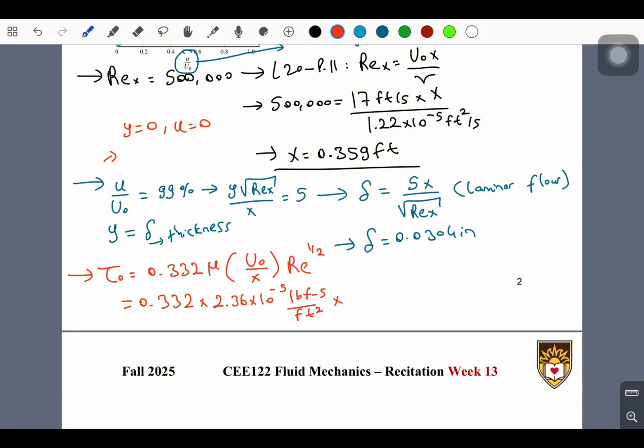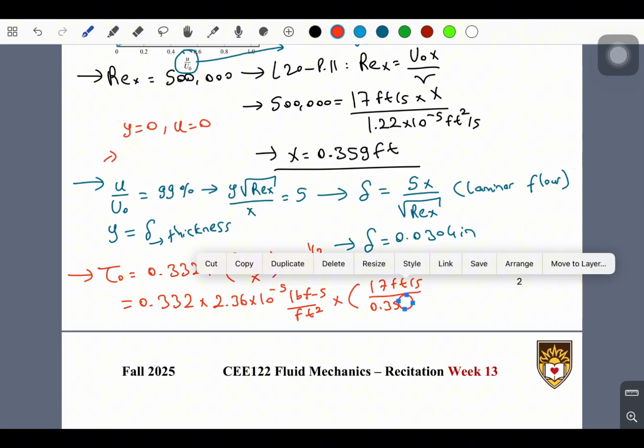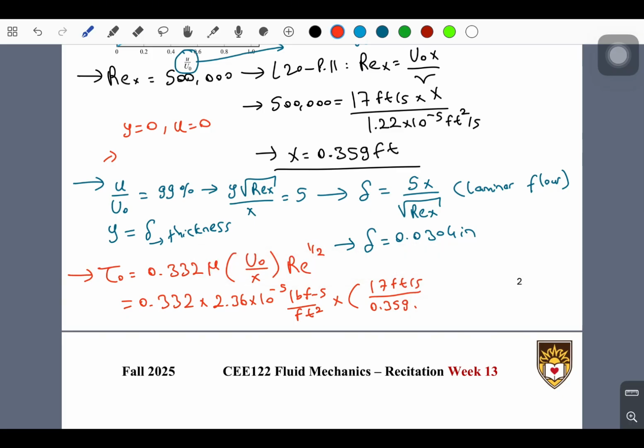The approaching velocity was 17 feet per second, and x was calculated as 0.359. And lastly, the Reynolds number.